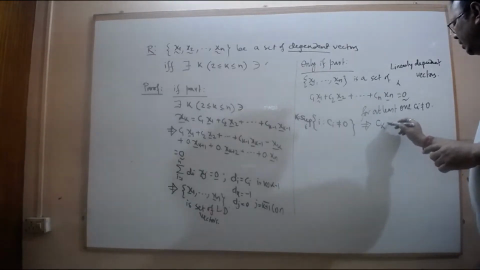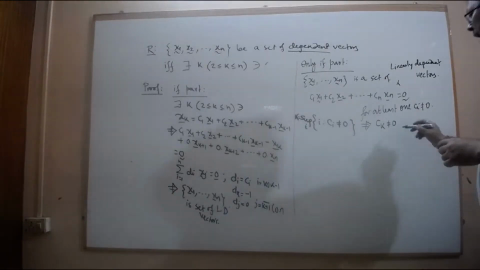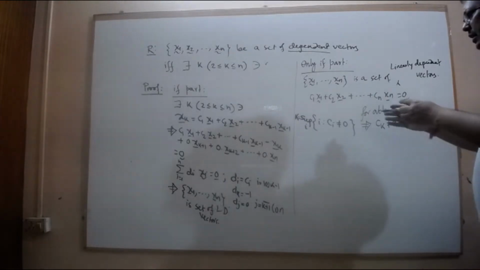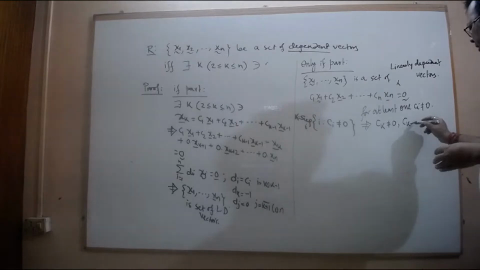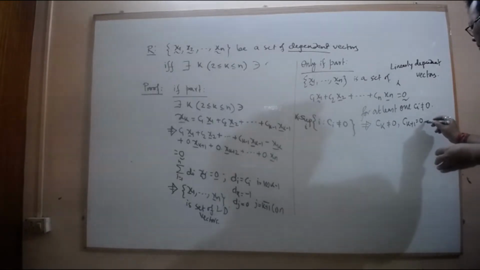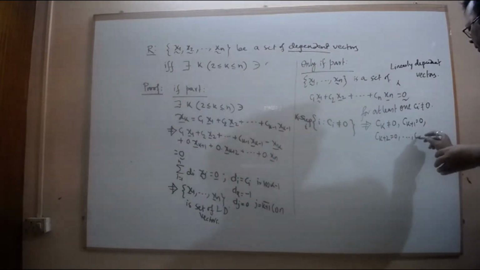This implies Ck not equal to 0, and since this is a maximum, after that Ck plus 1 equal to 0, Ck plus 2 equal to 0, and Cn equal to 0.